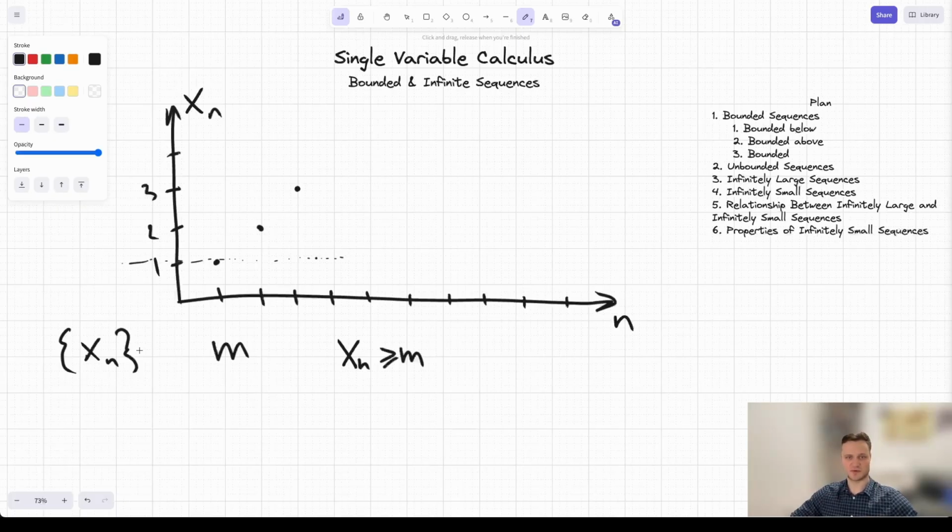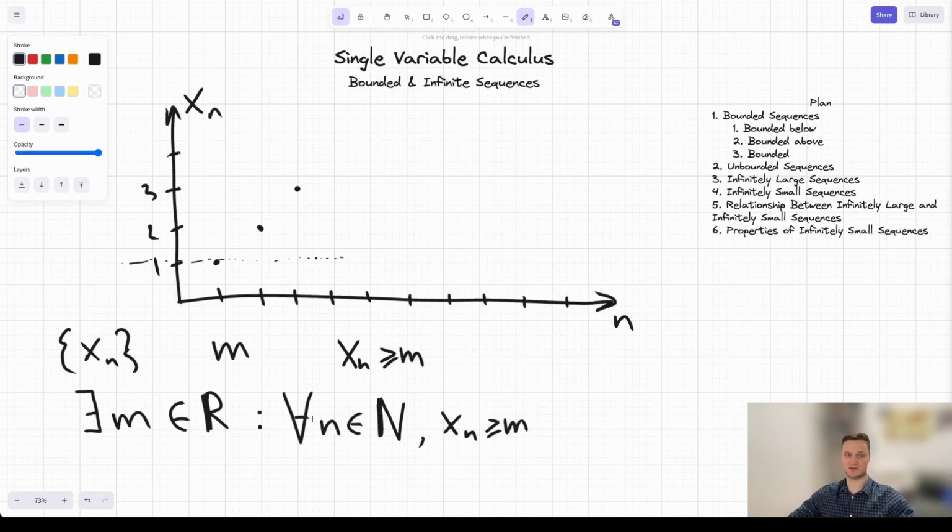We can express this formally using mathematical notation. This is the mathematical notation of boundedness below. This symbol is called the existential quantifier, and means there exists. So there exists such m, small, from the set of real numbers, which we covered in the previous videos. And this symbol is called the universal quantifier, and means for all.